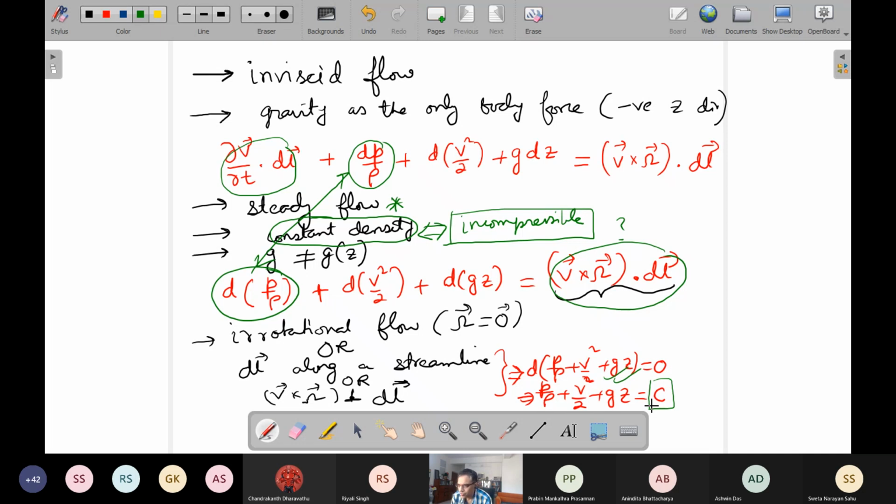Universal constant means, not universal in the sense that for all problems, but that at all points in the flow field or flow domain, the constant is the same. So P by rho plus V square by 2 plus GZ equal to C. My question is, is the value of C the same at all points in the flow field? Can any one of you answer this?